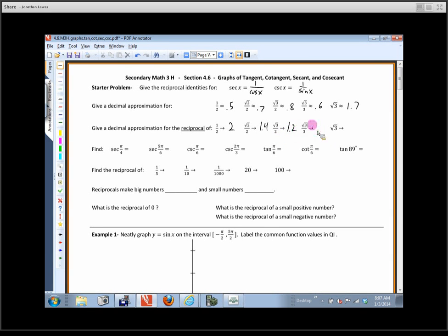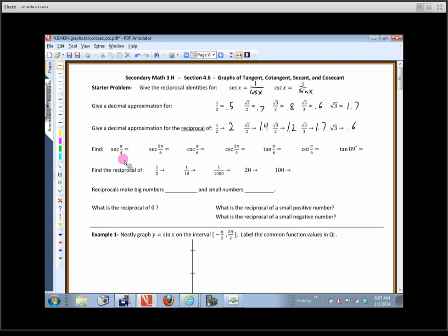And what about the reciprocal of radical 3 over 3? 1.7. And this guy right here? Reciprocal? 0.56. Okay, so about 0.6, somewhere in that neighborhood. Is that right? Okay.